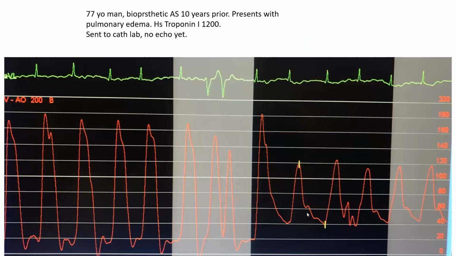So they are really approximating. Furthermore, the aortic diastolic pressure is very low. That alone suggests AI. The summary is this patient has likely severe AS and likely severe AI with wide pulse pressure, low diastolic pressure of 40, and near meeting of aortic diastolic pressure and LV end-diastolic pressure.